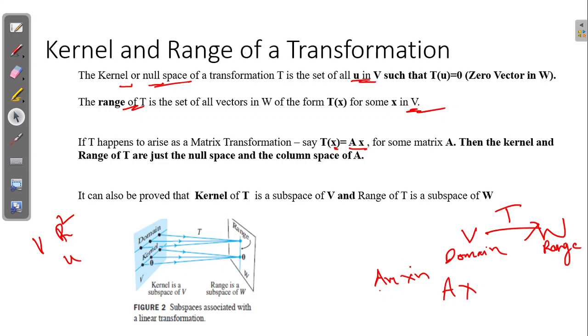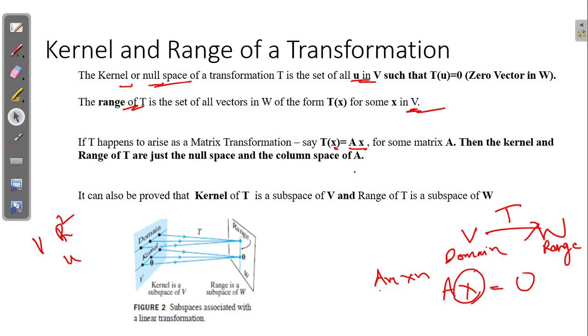Then, according to our kernel definition, it is the set of x in V such that T of x equal to 0. That means Ax equal to 0, the set of all such x, which is nothing but your null space.